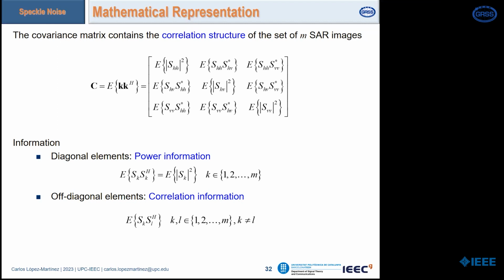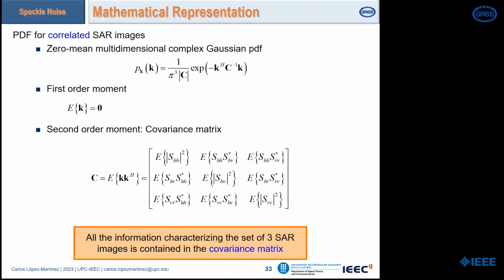The covariance matrix on distributed scatterers only makes sense when there is an expectation, because it's a moment that characterizes the distribution of the data. Okay? So I have my distribution, which is this, first order moment equal to 0, and this is the covariance matrix.